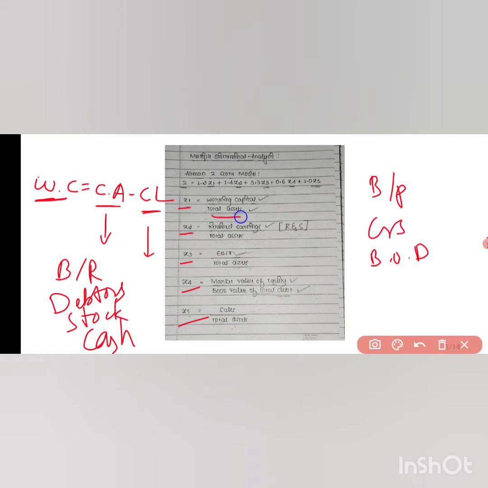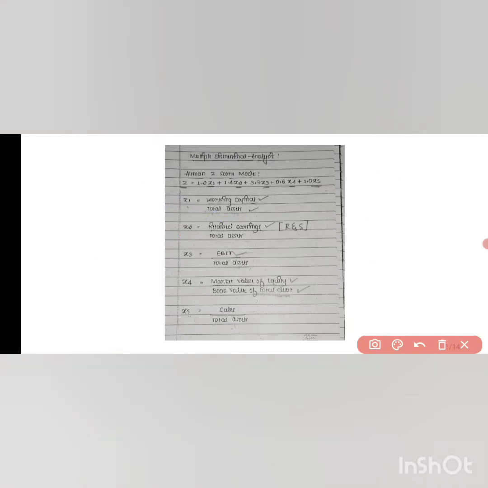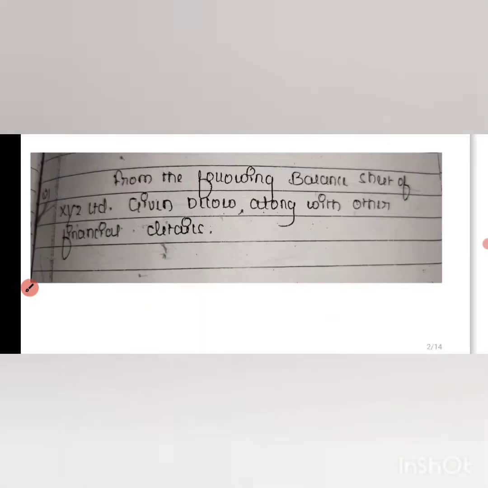Next we have to calculate the total assets. So how do we calculate it? I'll take one example here to show you how to calculate the total assets. See here, in this example, the total asset value is given as 30 lakhs. Okay, 30 lakh is the value of total assets.